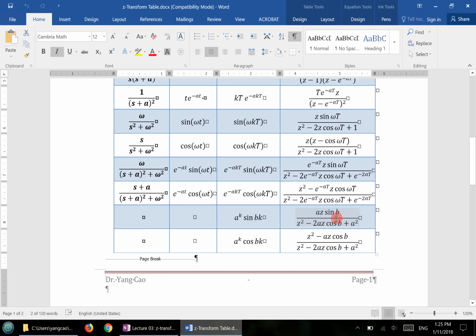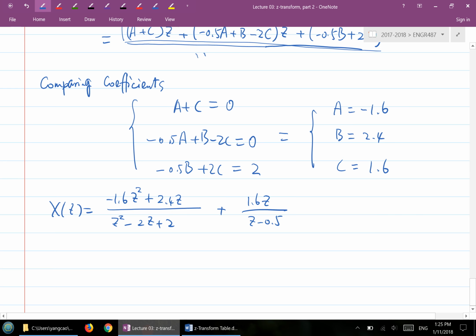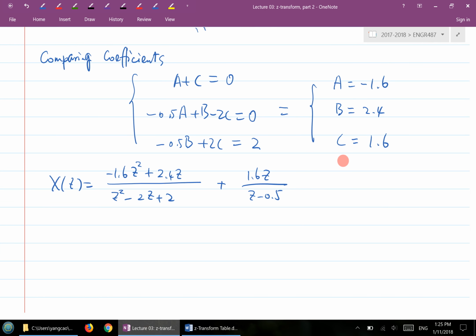Typically you actually just have to use these two. That should be enough for finding the inverse. So these two basically are what we're going to try to use here. Okay, so I'll just rewrite one in here.